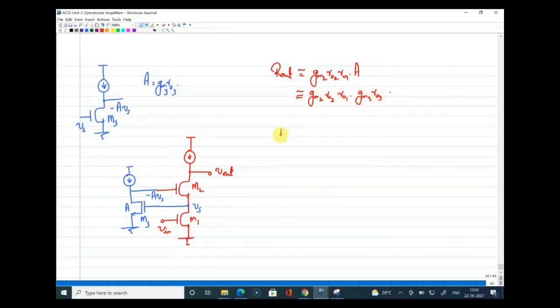Now, what is the voltage gain of the combined circuit, which is equal to Gm into R out? Again, by approximating capital Gm to small g1, if I substitute, I can say it is Gm2, Gm3 into R01, R02, R03. All are approximations. It is not the exact value what I have written. Or this can be equated to Gm into R0 the whole cube.